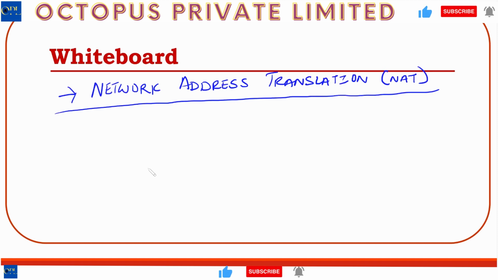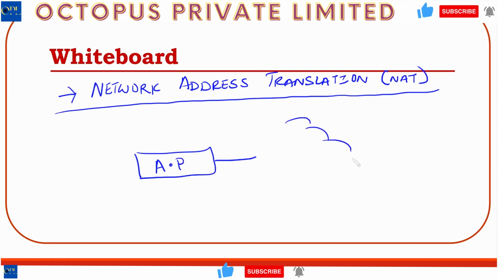And that mechanism, that allowed that to happen, was called network address translation.